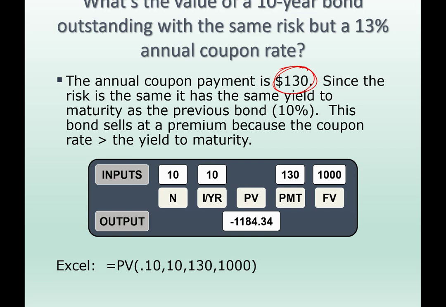We're assuming the market rate remains 10%. If the market rate remains the same 10%, but this bond has a different coupon rate, then in this regard, the present value will be 1184. Again, you can do the same thing with the calculator and determine the present value. So it's just as simple as that.